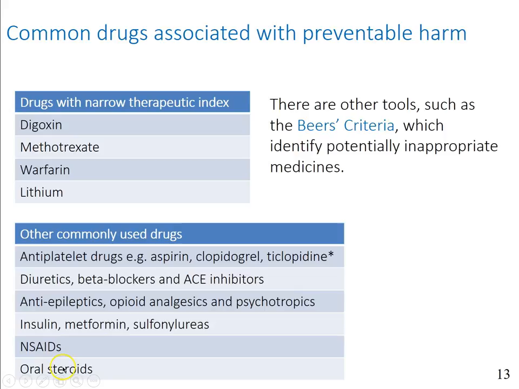Similarly, with non-steroidals, oral steroids, insulin, metformin, and sulfonylureas, your indications for all of these should be sound. There are other criteria, such as Beers criteria, an American set of criteria, which also identify potentially inappropriate medicines. These have largely been replaced by the more detailed and more specific STOPP/START criteria.